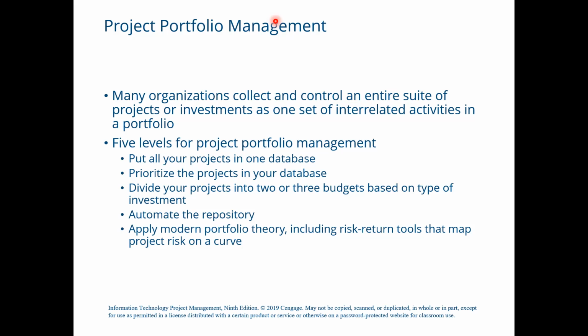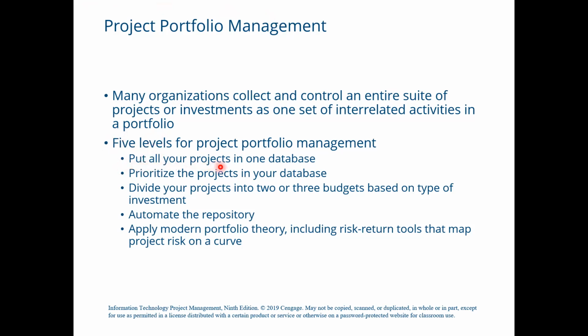We look at broad categories of similar projects, which enables project managers to help their organizations make wise investment decisions. An organization can view project portfolio management as having 5 levels from simplest to most complex, as you see here.